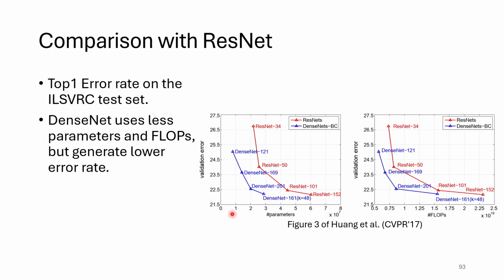Take a look at this axis. It means the number of parameters. In this dense network, it only uses say 9 million parameters, the scale being around 10 million, but ResNet uses around 43 million, so DenseNet can use fewer parameters.